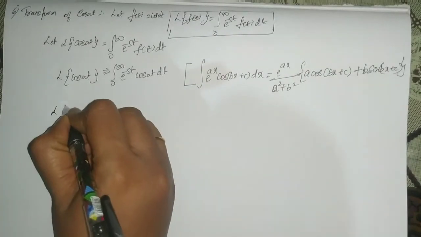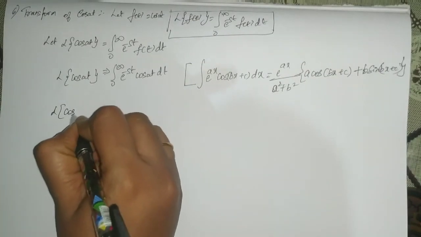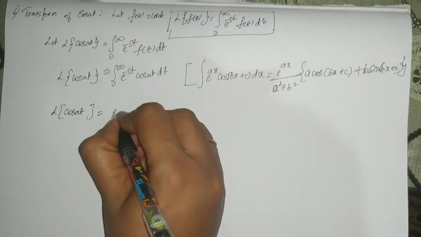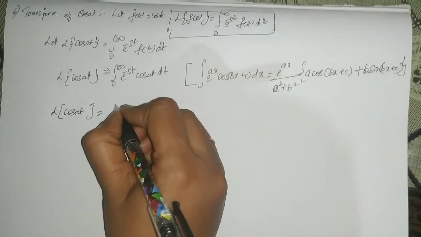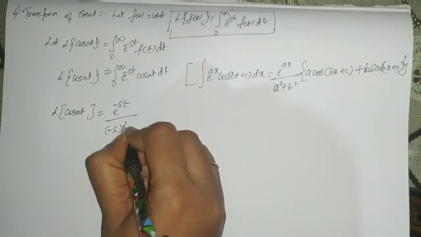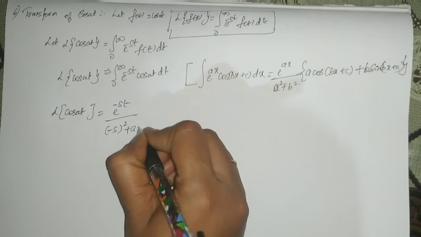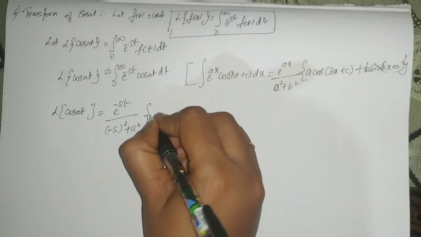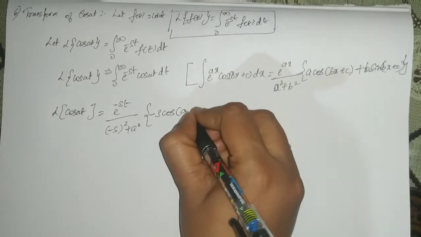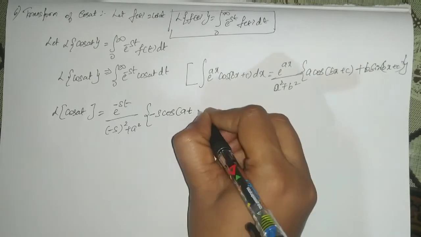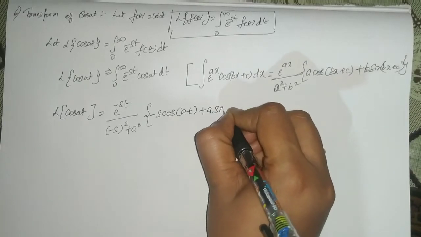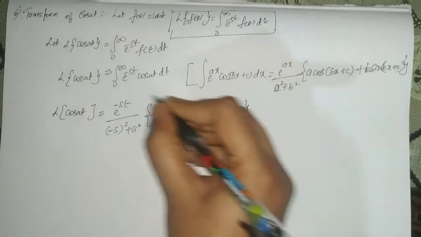So we have Laplace transform of cos at is equal to e power minus st by minus s the whole square plus a square into minus s cos at plus a sin at.